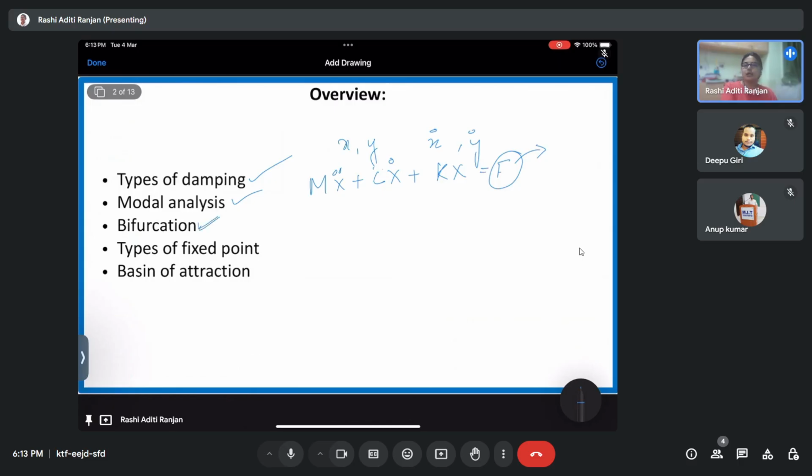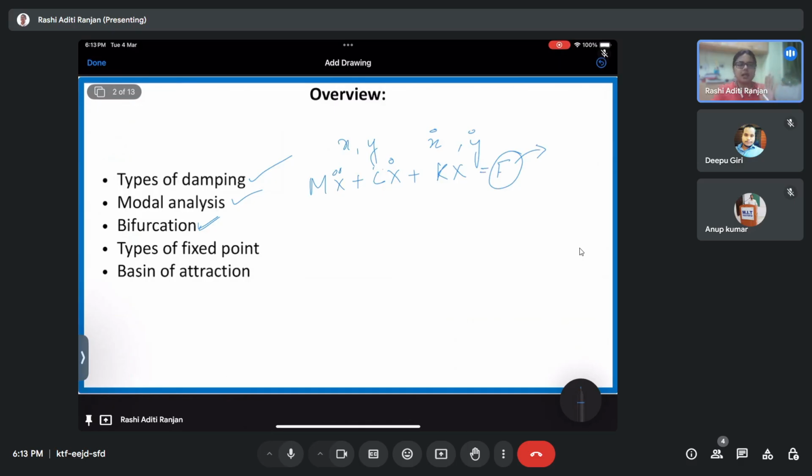After that, the discussion was about bifurcation. Earlier we also discussed bifurcation, and we discussed only three types: the saddle node bifurcation, transcritical bifurcation, and pitchfork bifurcation. Those were actually static cases of bifurcation.